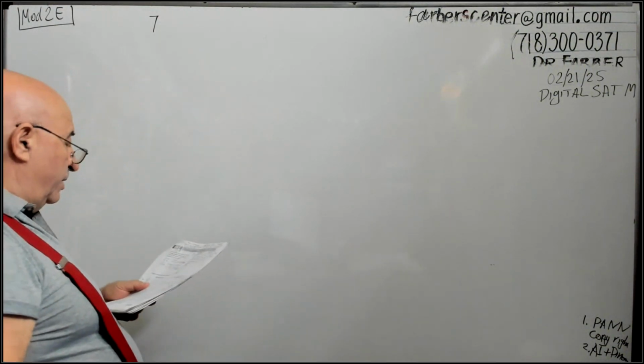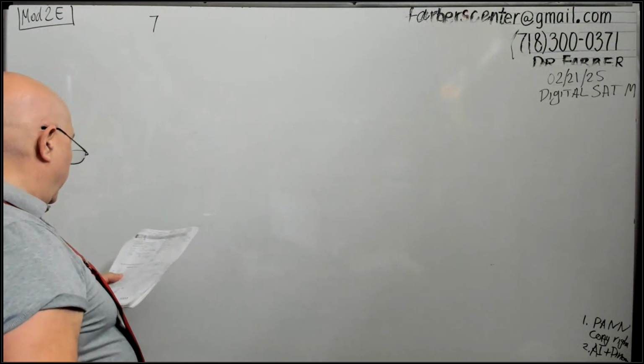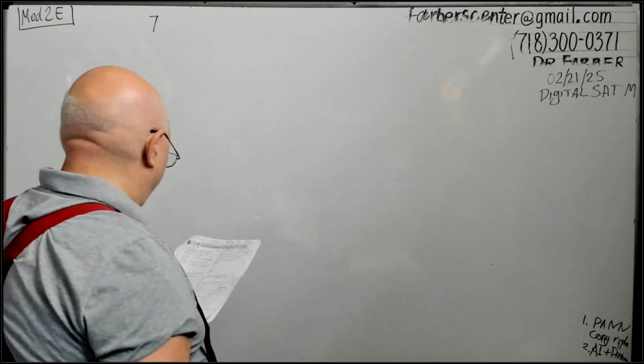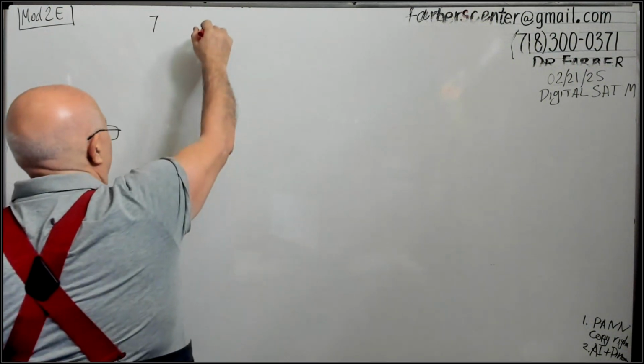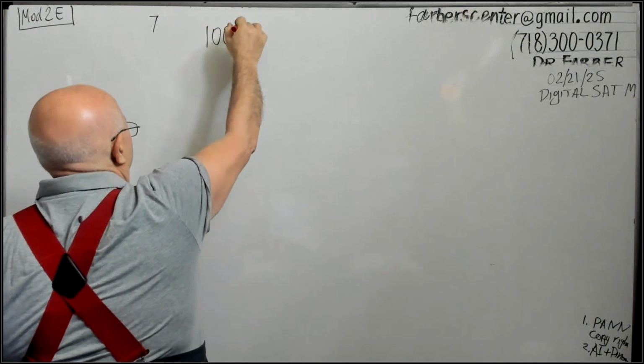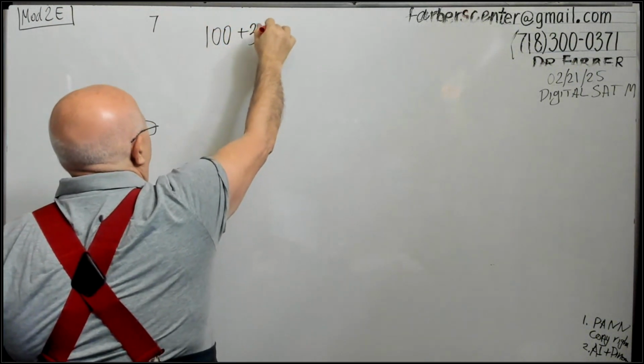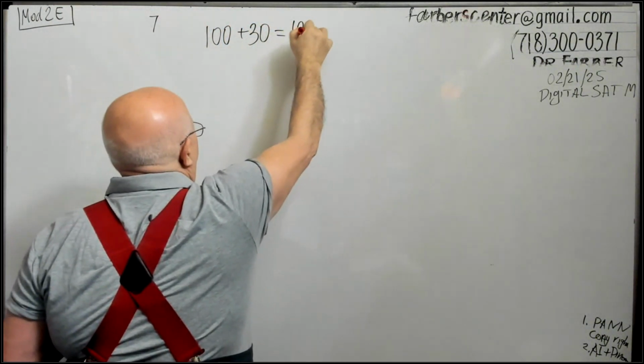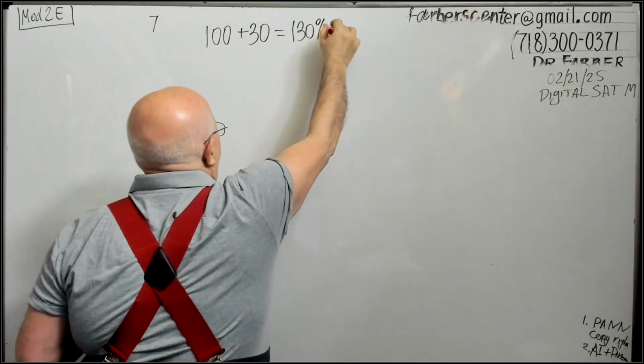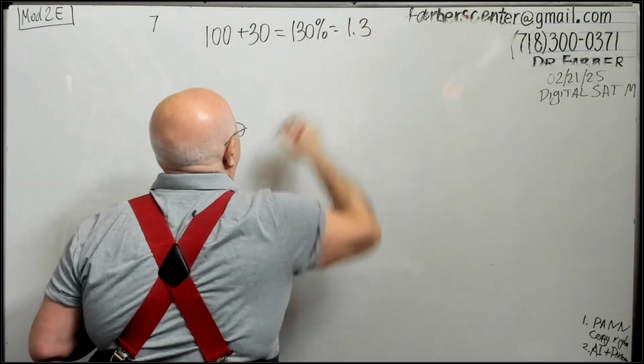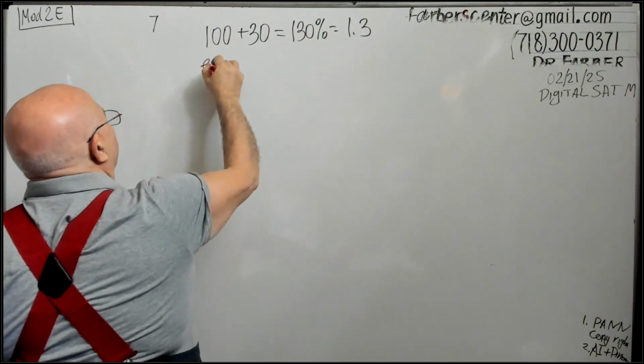This deer population increases 30% every 20 years, 30%. So 100 plus 30 is 130%, which is 1.3 every 20 years.